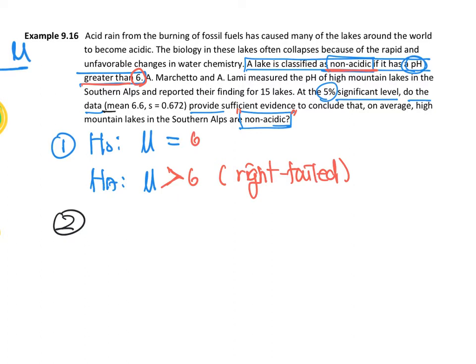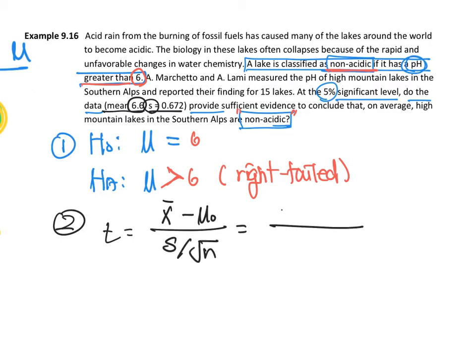The next one is the test statistic. Now we have a sample mean and s, right? So we are going to get the t-score, which was x bar minus mu 0 over s over square root of n. So the sample mean 6.6 minus mu 0, that is 6.